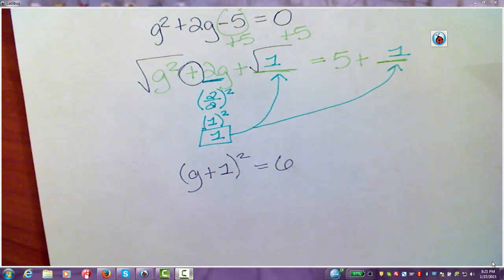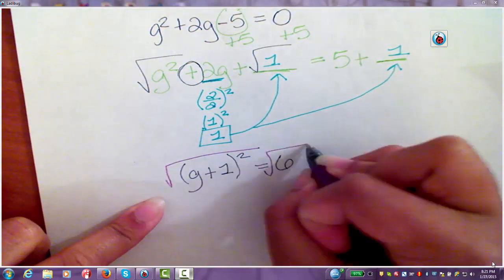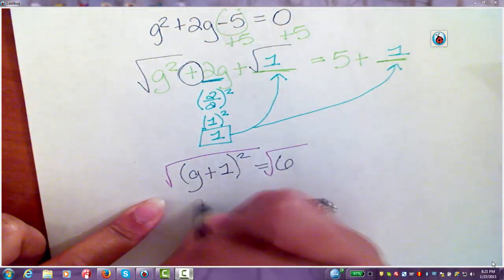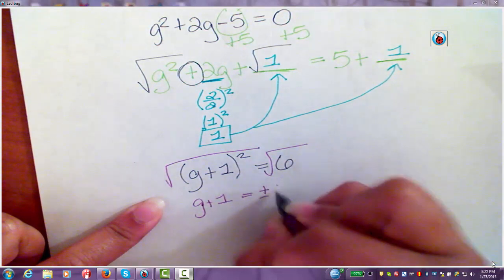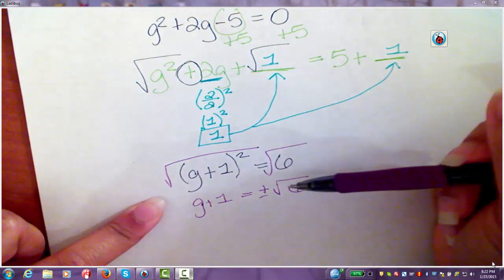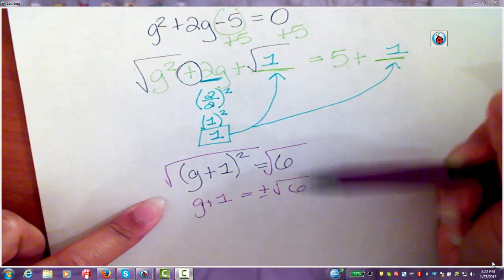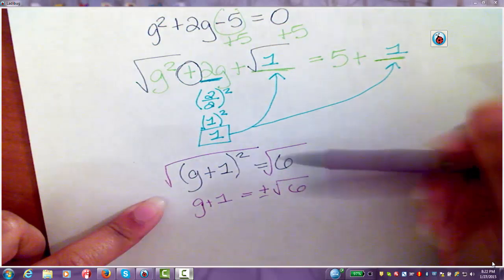So now we are good to go to solve for g. So we square root both sides, and we get that g plus 1 equals plus or minus the square root of 6. Remember, when we square root something, we have to do plus or minus because the number could be either positive or negative.